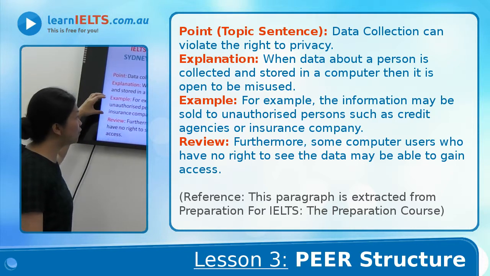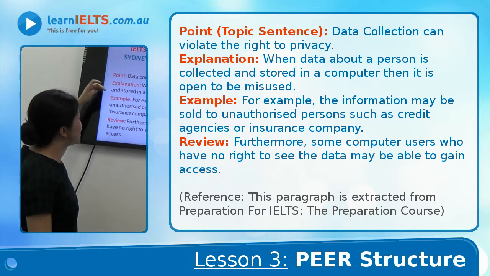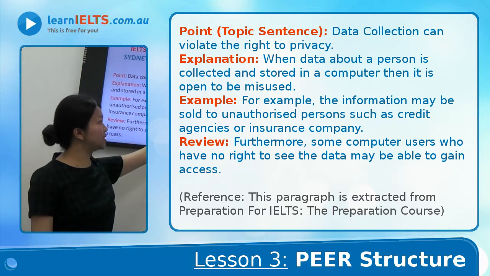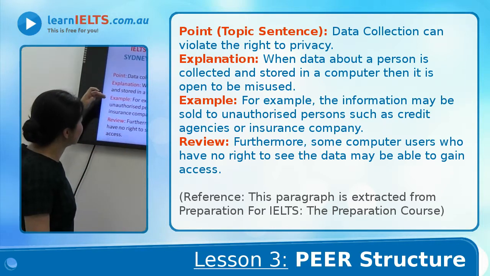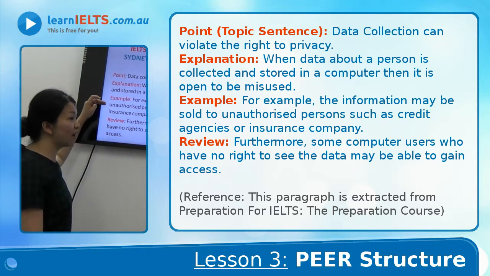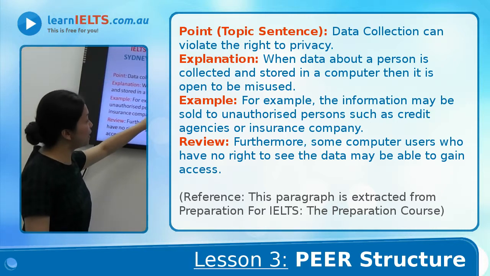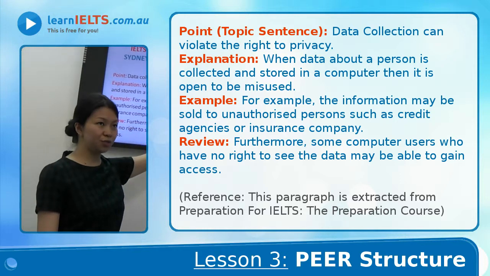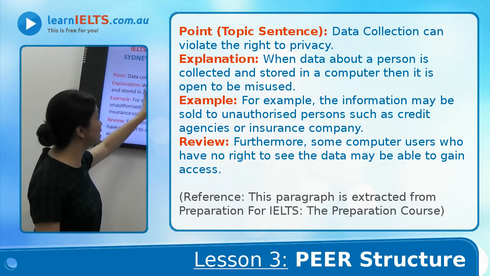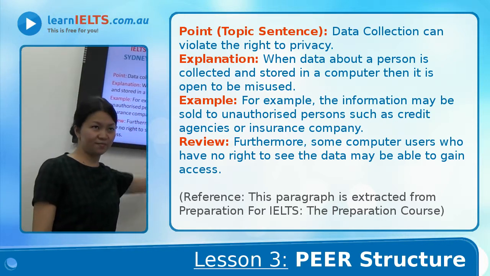This is an example from real life to show a case of open to misuse, and the example must be related to both the explanation and the point. So you see this example explains that the data is open to misuse and the data can be a violation of the right to privacy.